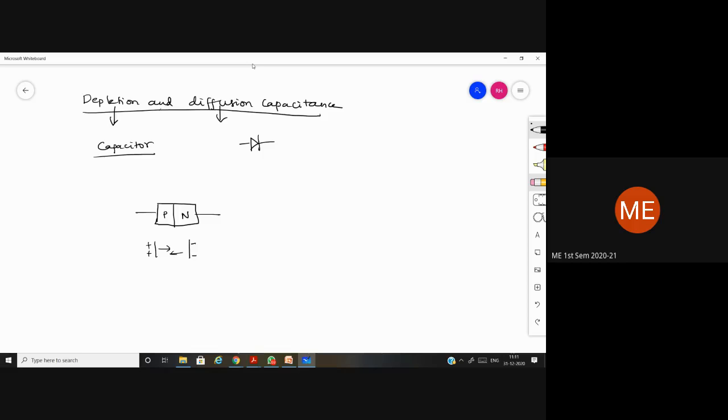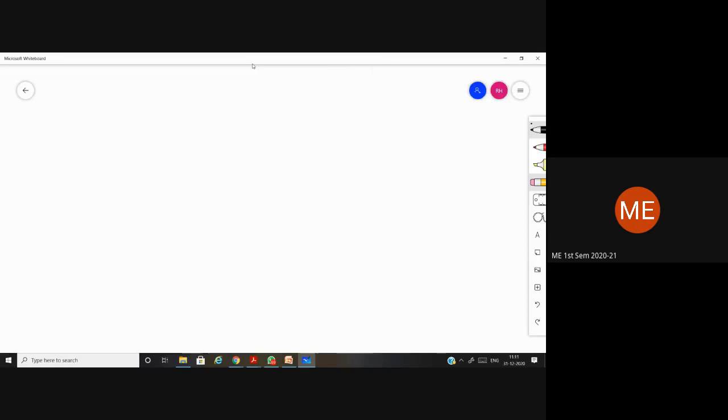So after knowing this, now we come back to the AC equivalent circuit. As I told, we are going to write the battery with a resistor. This is our usual thing.